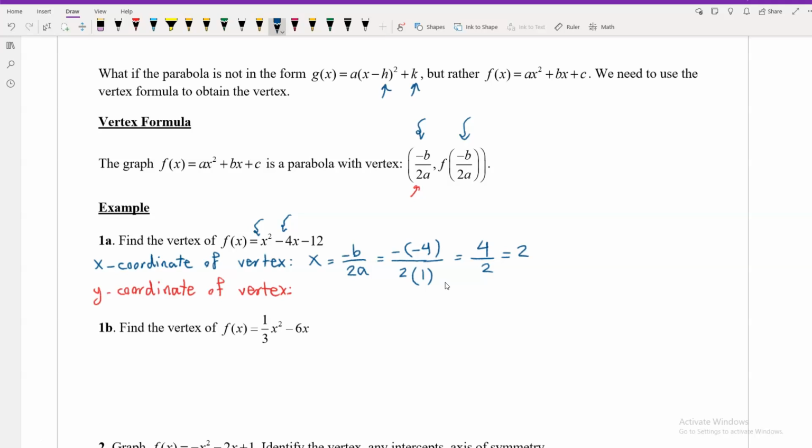So f of -b over 2a, and that is f of 2. So here finding y is equal to f of 2. So it's 2 squared minus 4 times 2 minus 12. This is 4 minus 8 minus 12. This is -16. So the vertex is 2, -16.